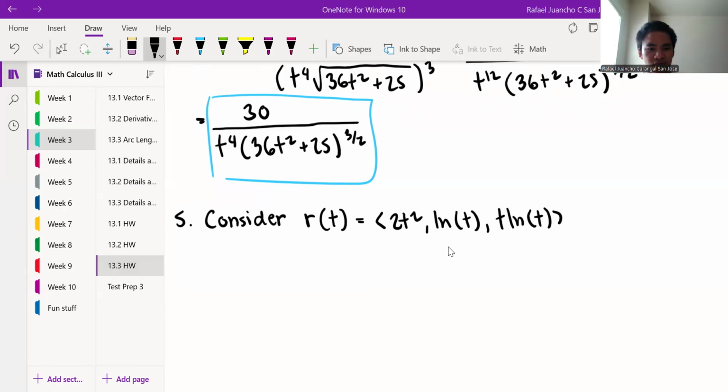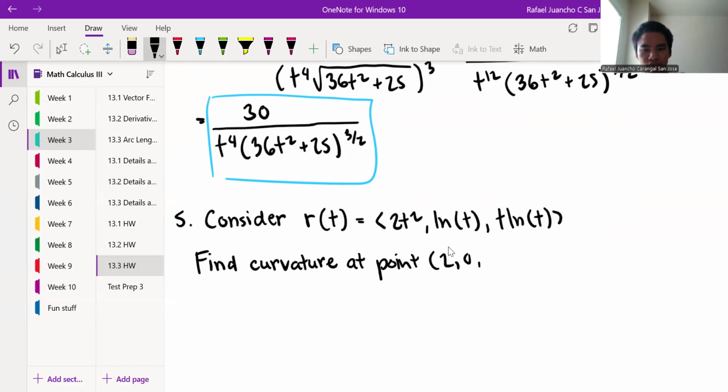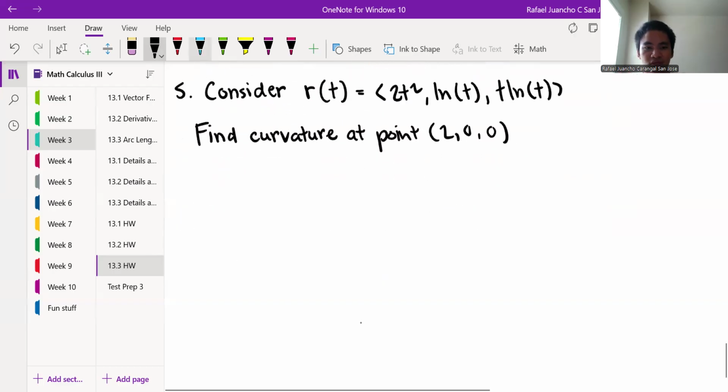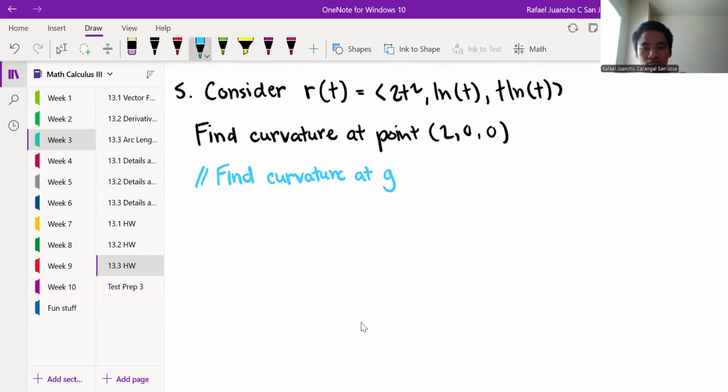And we're being asked to find its curvature at a specific point. So at point 2, 0, 0. So the first thing we want to do is find curvature at a general point. Then we can move on to specific cases.